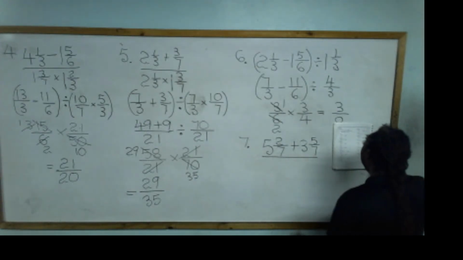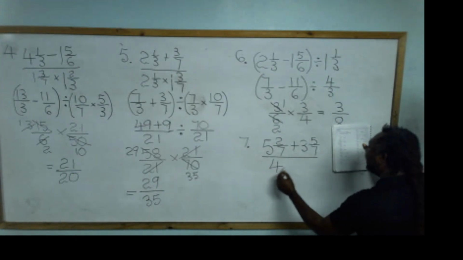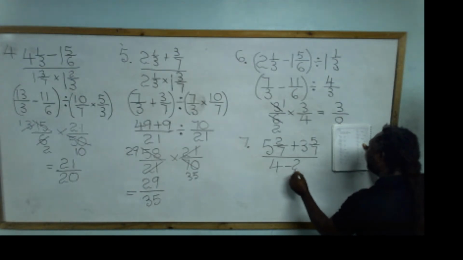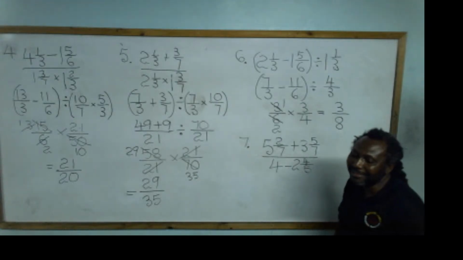Gee, it's very hilly, is it? Number 7, yes. 5 and 2/7 plus 3 and 5/7 all over 4 minus 2 and 4/5. Come on, students. I must be losing my head. There's no way that this problem can be solved under here.